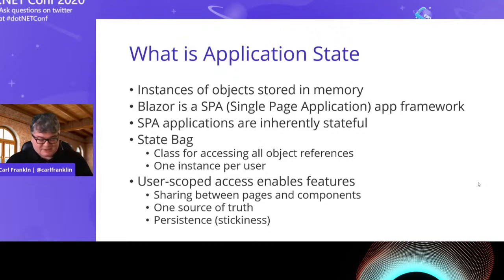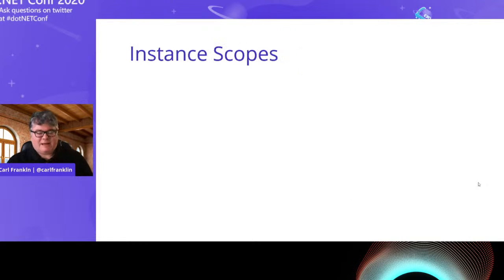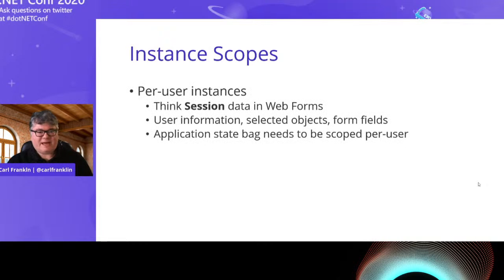While we're talking about scopes, let's talk about the different scopes that we can have in ASP.NET Core. We have per user instances, and this is what we're going to use for the application state bag. So think session in web forms. The only reason I'm bringing this up isn't because of the technology behind session, but the accessibility.